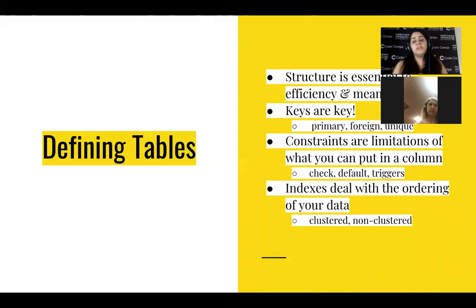Also with defining tables, there are constraints, which are limitations of what you can put into the column. So for example, if you're creating a table and you have these columns, there might be a default value that you want for that column if that information is not provided.